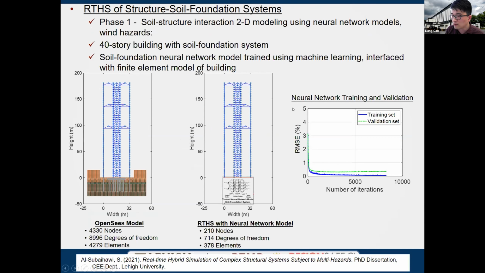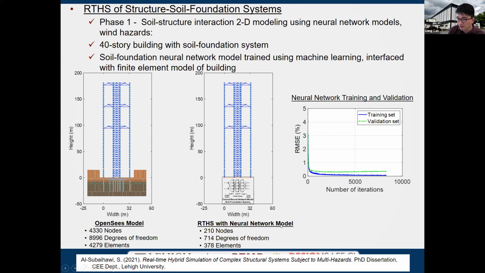So first, we try to validate our 2D high-rise building and the neural network models. We also created OpenSees models to validate our results. You can see in the OpenSees model, you have 4,000 nodes, nearly 9,000 degrees of freedom, and 4,000 elements.